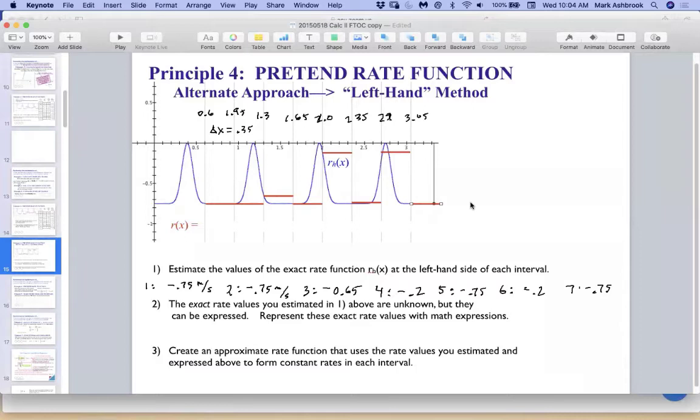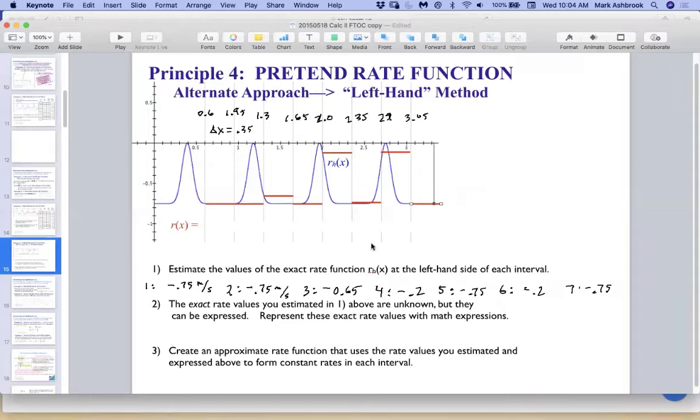Okay, so what do you think will give us a better estimate of accumulation? When we eyeballed and did the average, or this one? The average. Yeah, because we did our best to try to pick one rate that was like the average or replicated the rate in that interval as best we could.